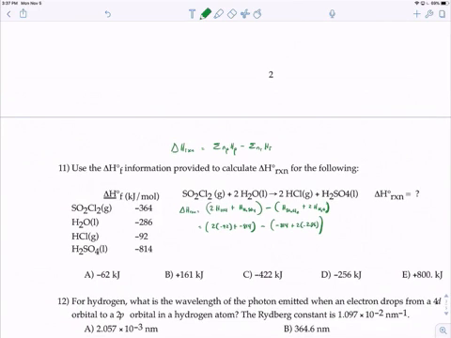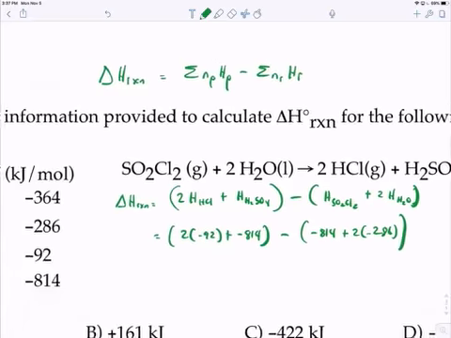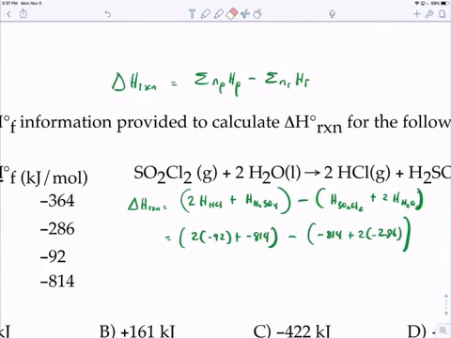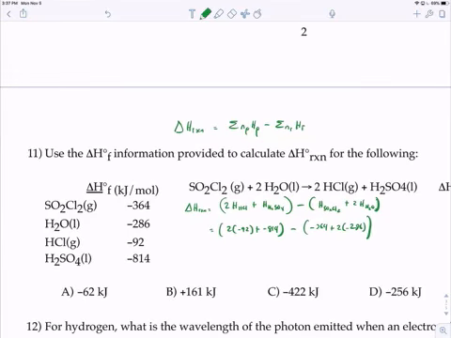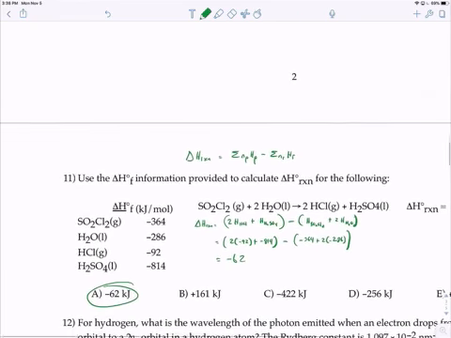Oh, this is minus 364. All right. There we go. Minus 62. Okay.